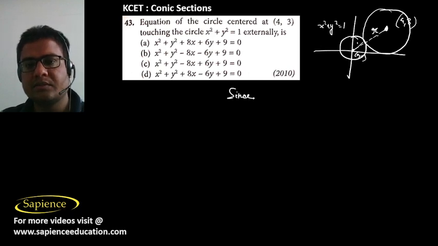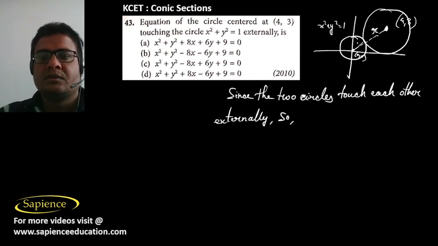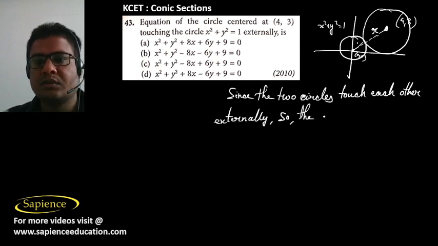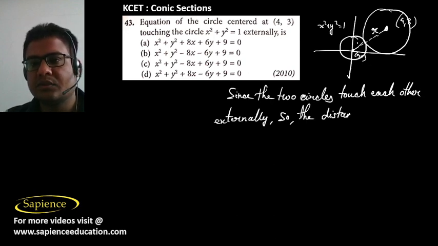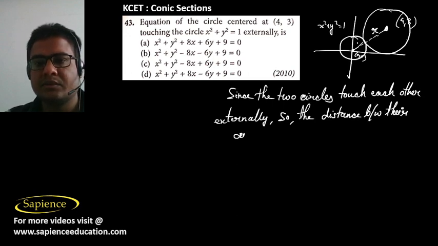So we'll say that since the two circles touch each other externally, the distance between their centers is equal to the sum of their radii.